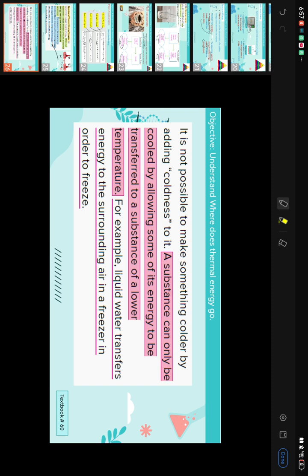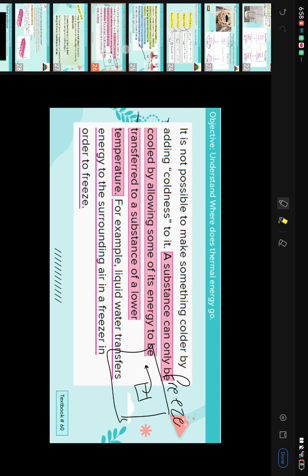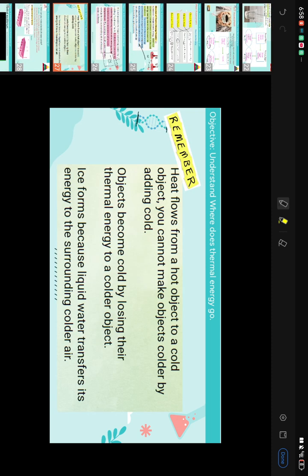If we put water in a freezer and I ask you where the heat flow is, you have to tell me it will be from the water to the freezer. So it loses energy until it freezes. That's what really happens here.